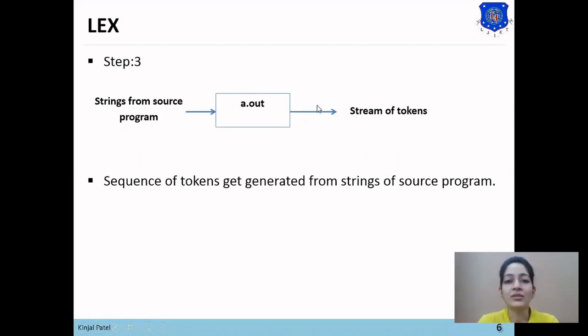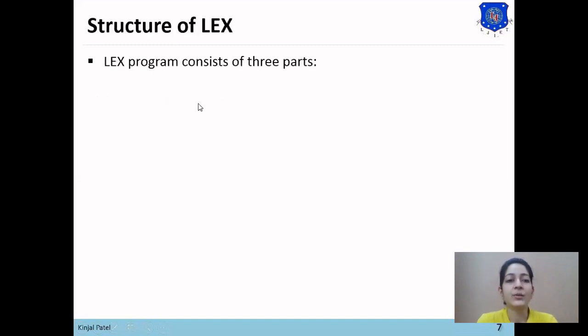We can also write a program in C language which can generate the stream of tokens, but the Lex tool is faster. Now we'll see the structure of a Lex program.